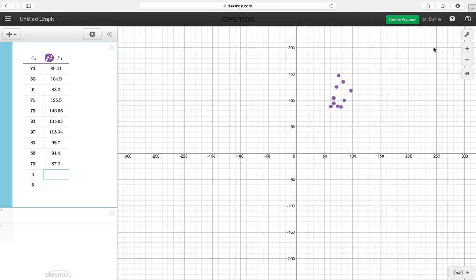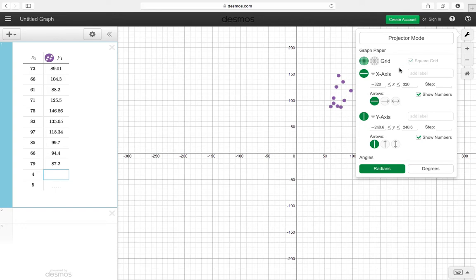I'll set our window settings so that we can see a little bit of everything else. So if we go up to this little wrench up here, graph settings, and click on that, now we can fancy this up a little bit. So my x-axis was our number of wins for each year. And here's the view right now.